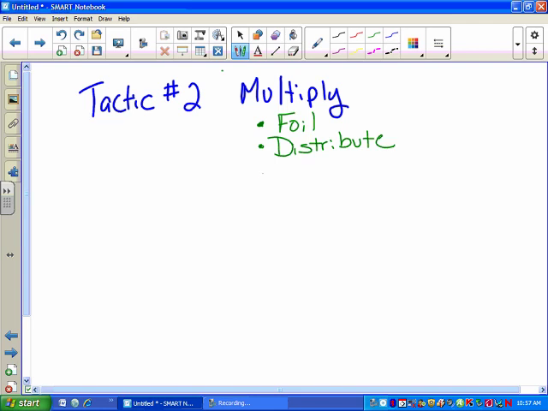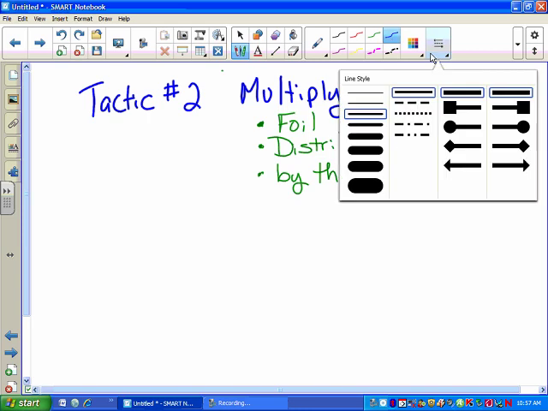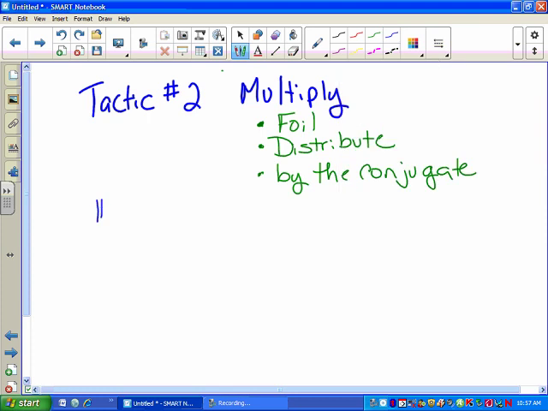And another time when you multiply, you're actually going to multiply by the conjugate, like we did in the example. So I think, let's see what we're doing now. Let's do number 11. Number 11 is cosine theta over 1 minus sine theta.